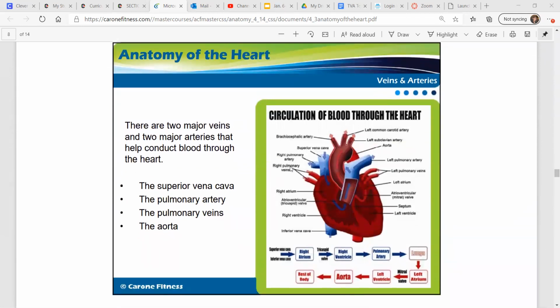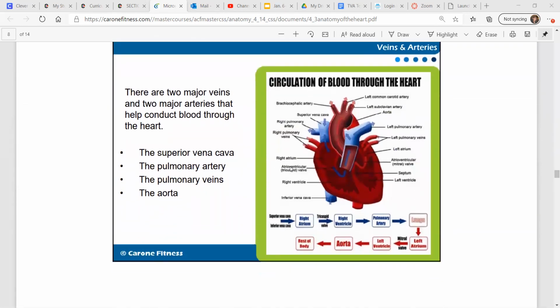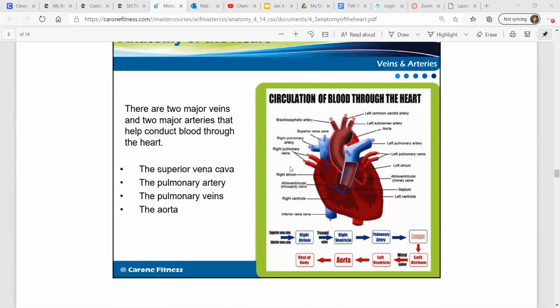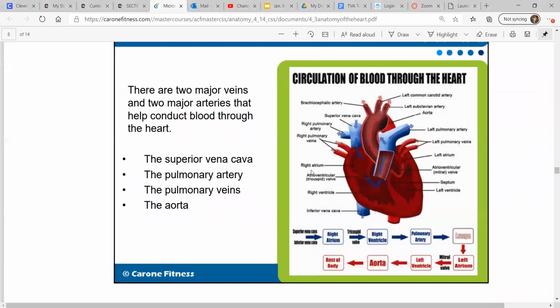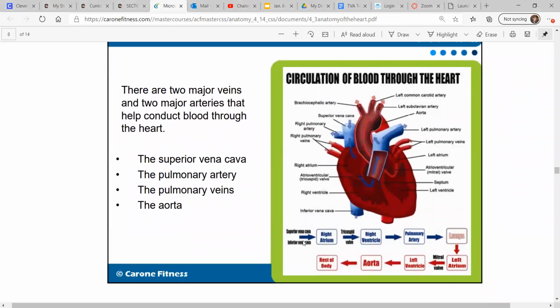There are two major veins and two major arteries that help conduct blood through the heart. You have the superior vena cava, the pulmonary artery, the pulmonary veins, and the aorta. And this diagram kind of gives an overview of the flow.